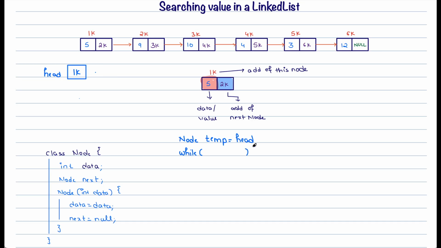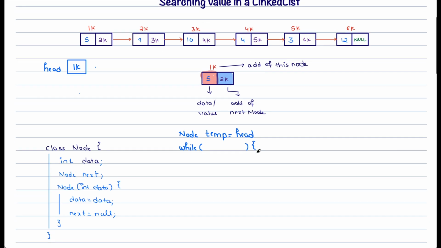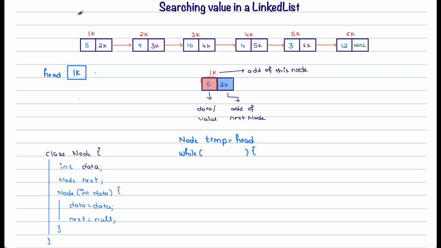What is the condition inside this while loop? I'll tell you in a bit. Initially the temp is standing over here. If I want to access the information, either data or the address, I just use temp that has 1k in it, 1k dot data. 1k dot data means 5, or if I write 1k dot next, it is nothing but 2k.